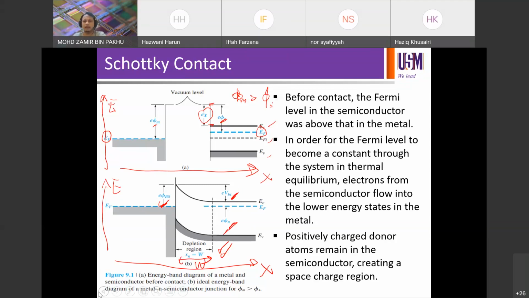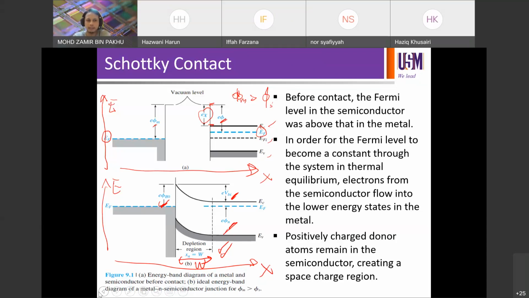So before the contact, the Fermi level in the semiconductor was above that in the metal. You can know this by starting to draw the phi m versus phi s, and then the rest will fall accordingly, right? In order for the Fermi level to become constant through thermal equilibrium, remember last time, the moment we have thermal equilibrium, we're going to have a single chemical potential or a single EF in the system, okay?